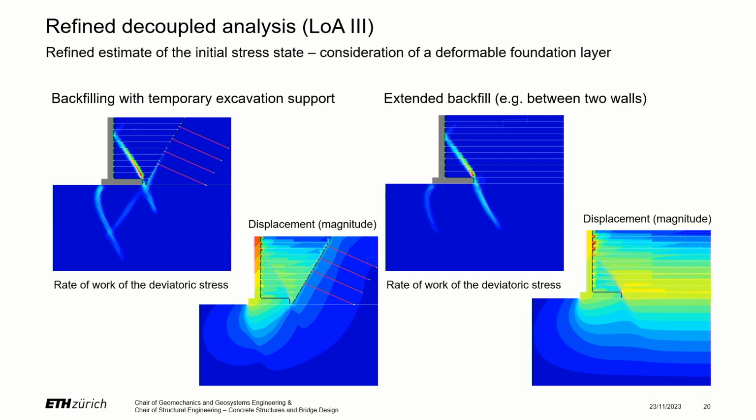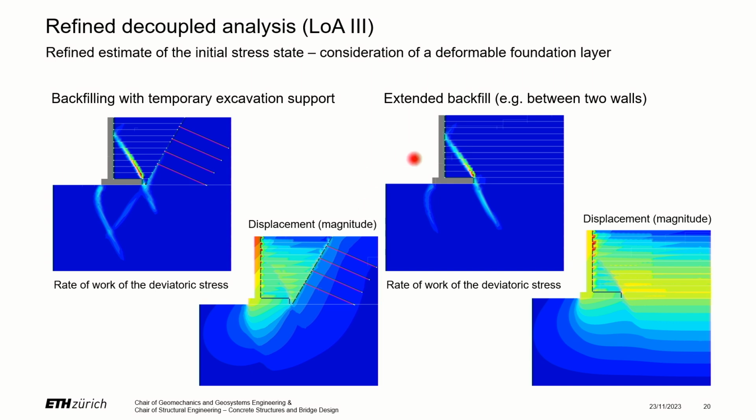However, it is important to mention that if we want to consider a foundation layer with finite stiffness, then we have to model the backfill really accurately. Indeed, if we only backfill between a temporary excavation support and the wall itself, like here, then we have this displacement field, which leads to a rotation in anti-clockwise direction.